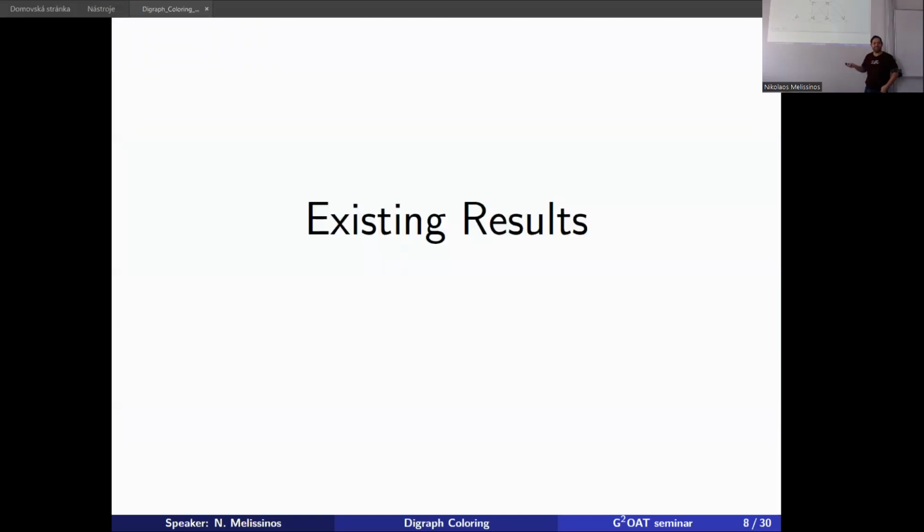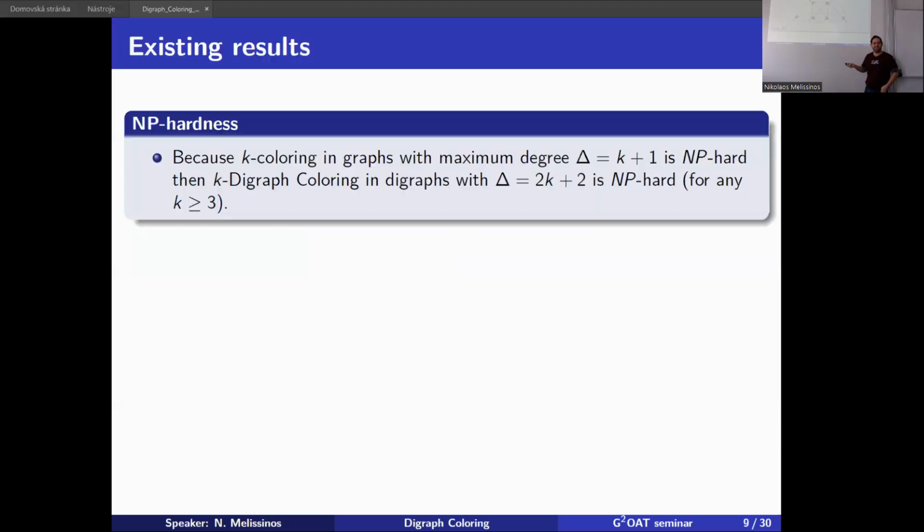So let me start with some existing results regarding this problem. First, we can see that the problem is NP-hard for directed graphs with maximum degree 2k plus 2, which comes exactly from the observation I gave you before, that we can replace every edge of a graph with a digon, and then our coloring is the same as the classic coloring.